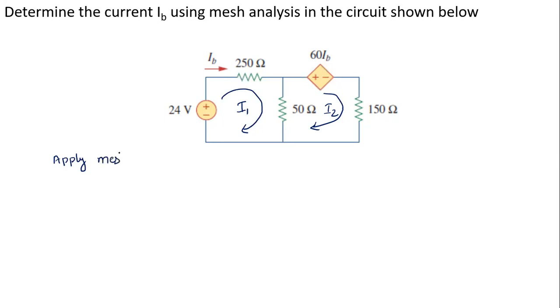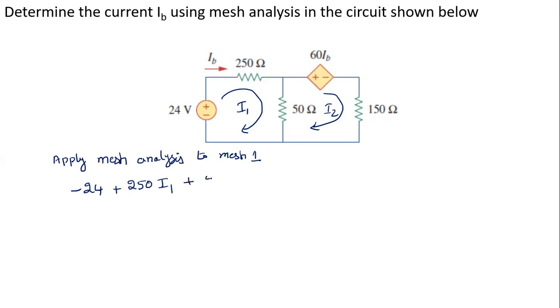Apply mesh analysis to mesh 1. Current is entering through the negative terminal, so just write minus 24. Through 250 ohms, only I1 is flowing, hence the voltage drop is 250 I1.